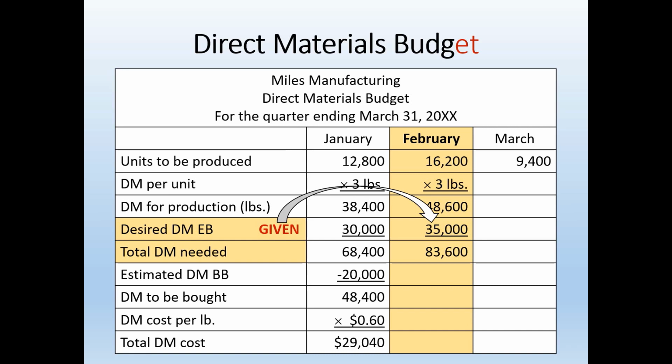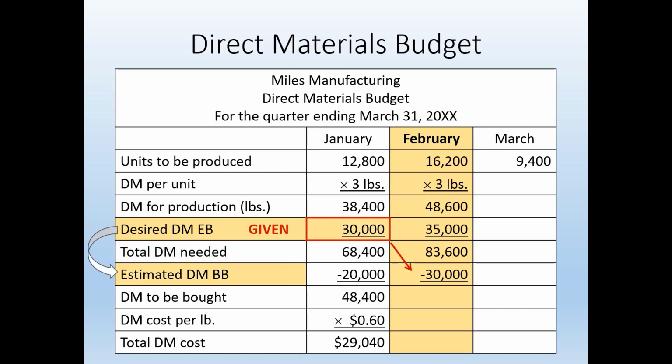The amount that they need for production plus their desired materials ending balance tells us the total amount of material that the firm needs. But again, they don't have to buy it all because they expect to end January with 30,000 pounds on hand. So the total amount they need minus the 30,000 pounds that they expect already to have tells them the amount of materials that they need to buy.